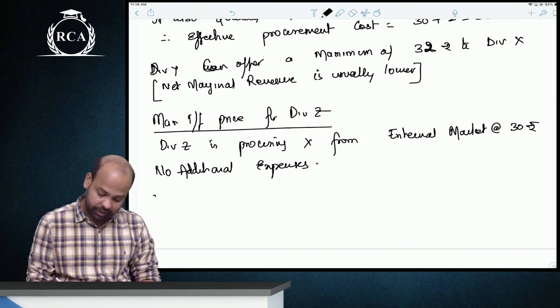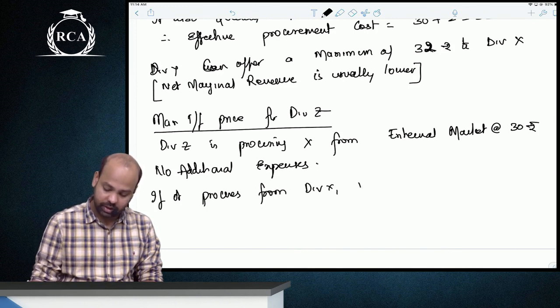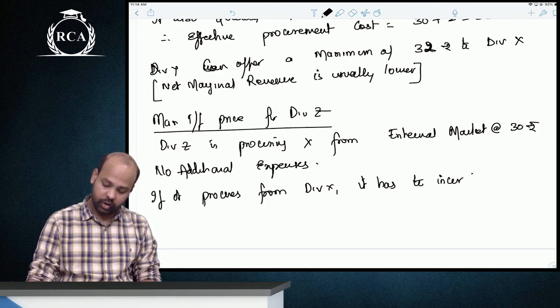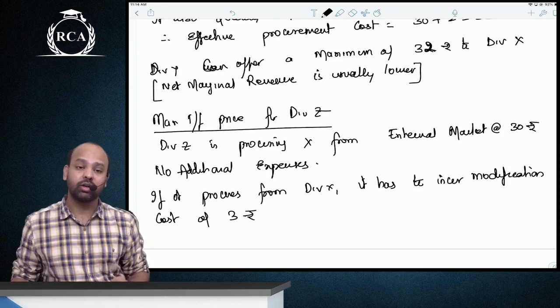However guys, if it procures from division X, it has to incur a modification cost of 3 rupees. It does not make sense to have uniform transfer pricing when one person has to incur modification cost.